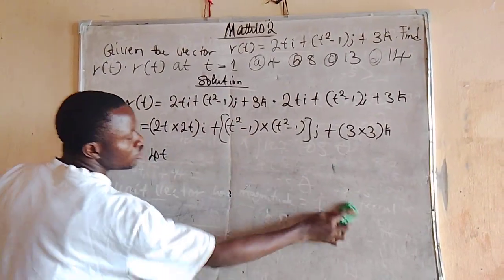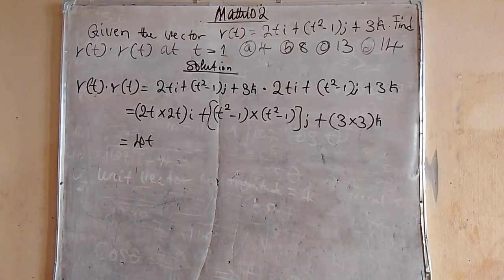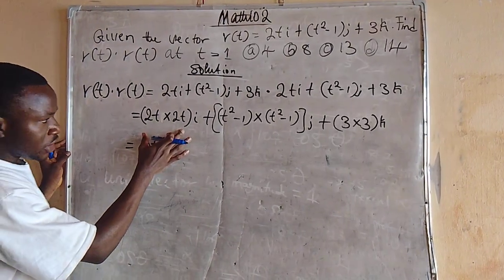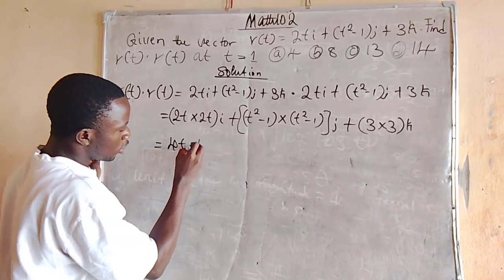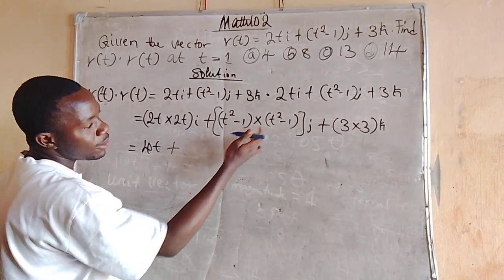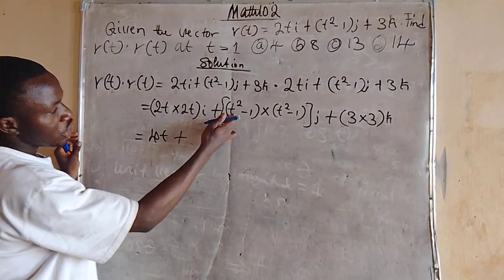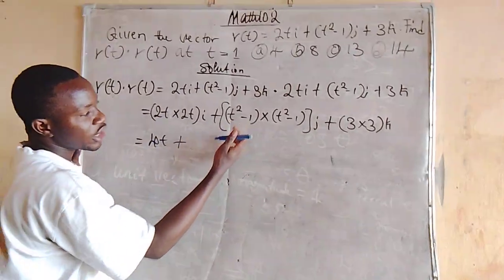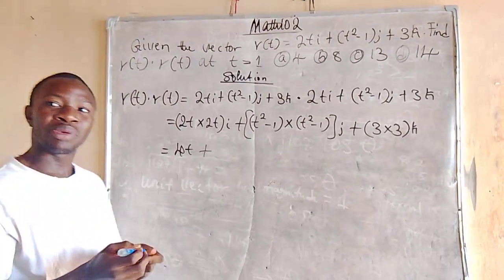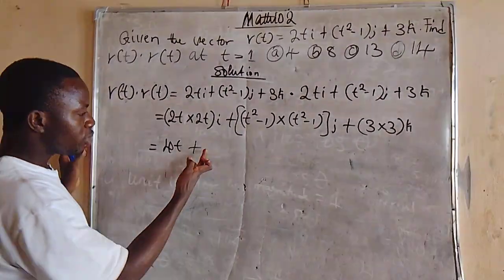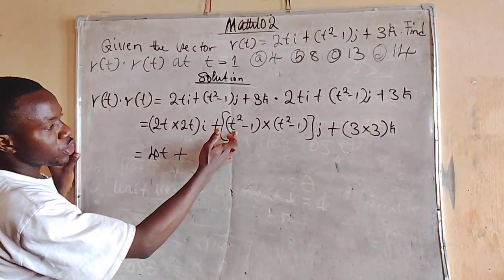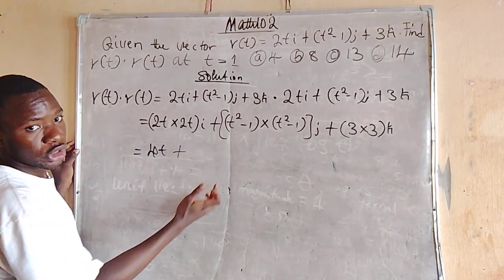Alright, having known that, we are done with this first part. Plus, we have t squared minus 1 multiplied by t squared minus 1. When you have two brackets, we are going to make use of a method we call the FOIL method of multiplication.